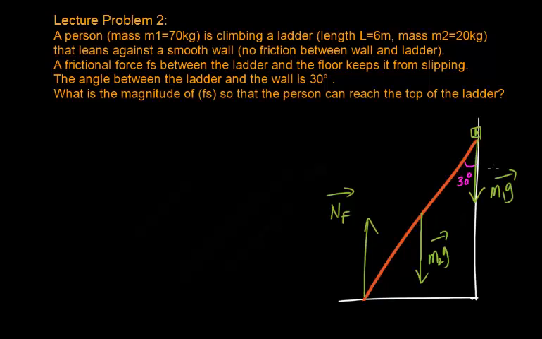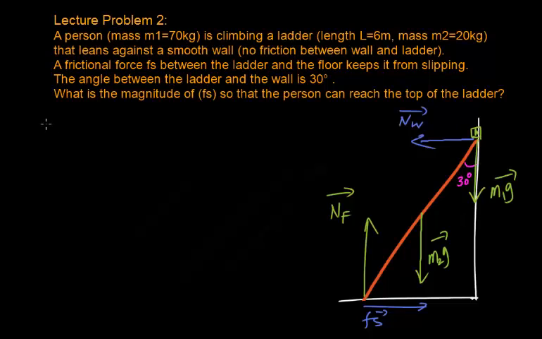Good. The forces which are acting horizontally on the ladder are the normal force of the wall on the ladder. I'm going to represent it by NW, the normal force due to the wall, for easy reading. The other force is the force of friction, which acts towards the wall. This is the friction force Fs.